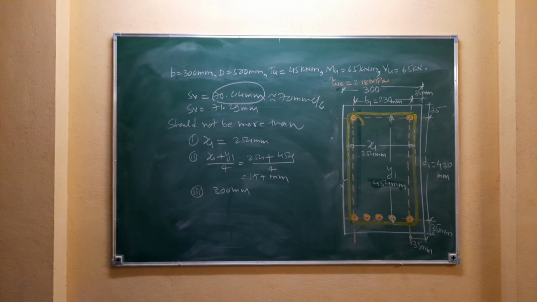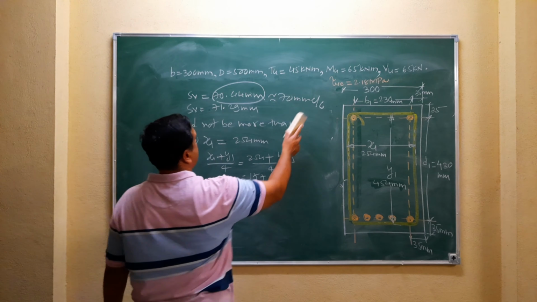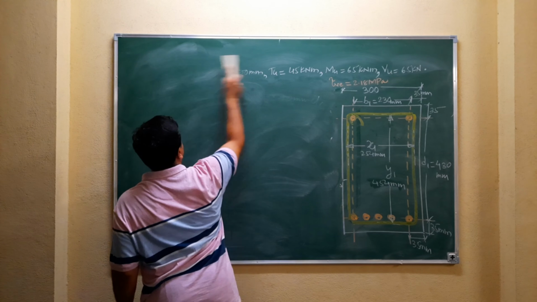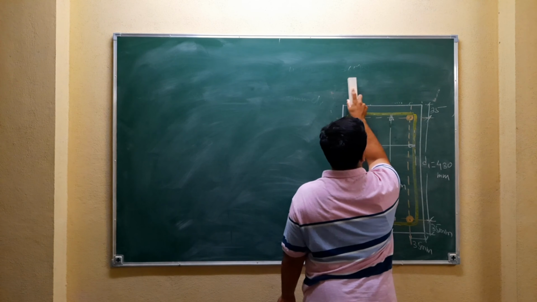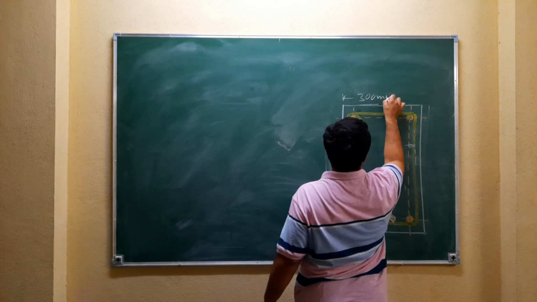That means you have to provide 8 mm two-legged stirrups. So this is the final diagram of your designed beam. What exactly you have to show? The width is 300 mm.